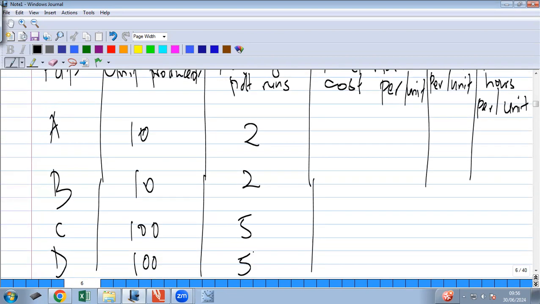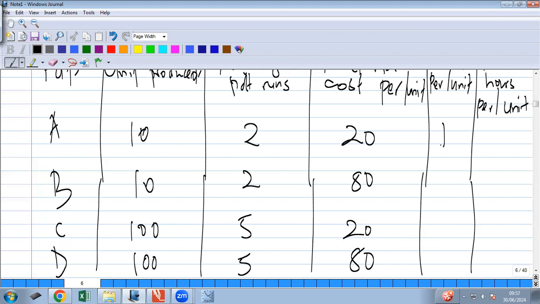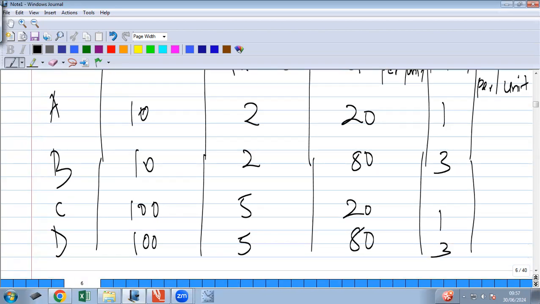The material cost, we have 20 for A, 80 for B, 20 for C, and 80 for D. Direct labor hours, here we're going to use 1 per unit. We're going to use here 3, 1, 3. The same will apply for machine hours.